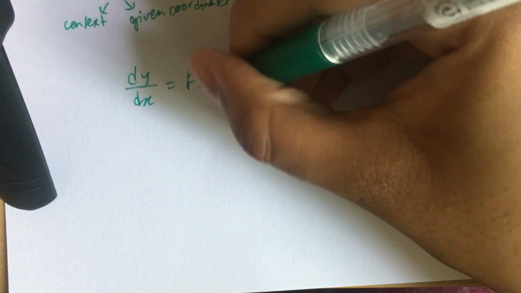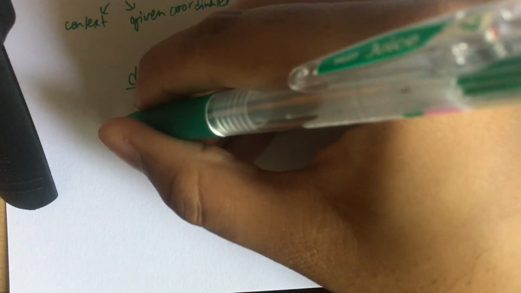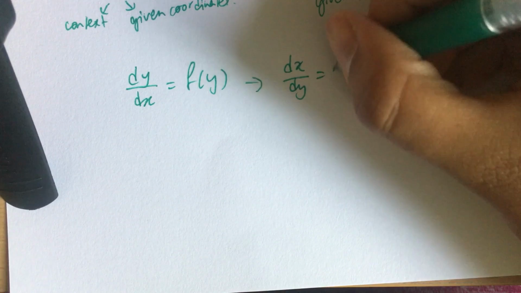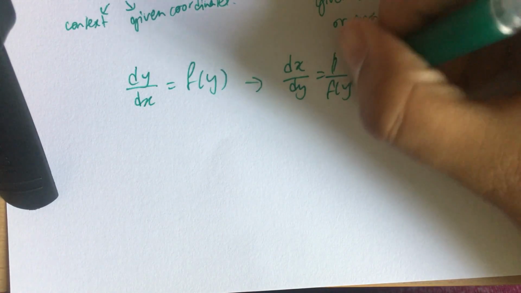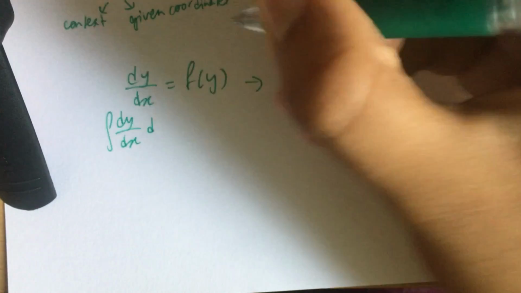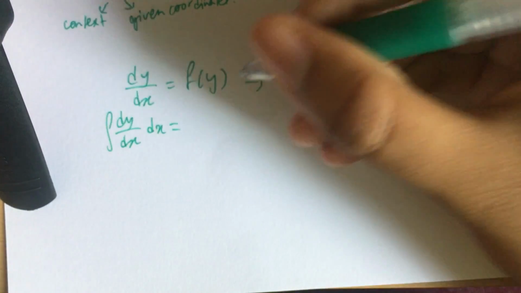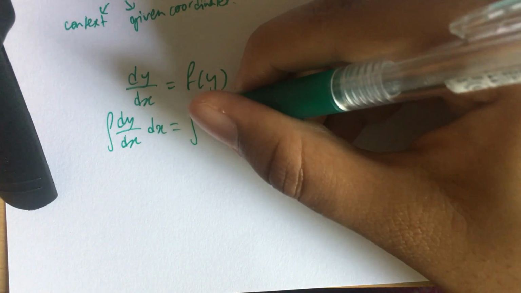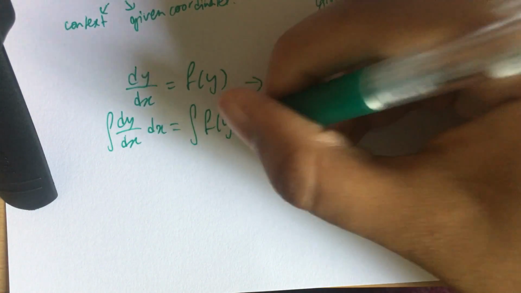So instead of dy over dx equals fy, make it dx over dy equals 1 over fy. The reason why this works, well, you shouldn't think of it like inverting fractions. This is a completely different thing, and there's a reason why it works.